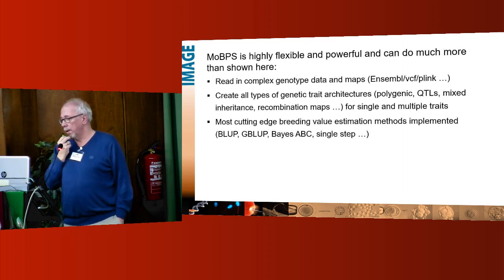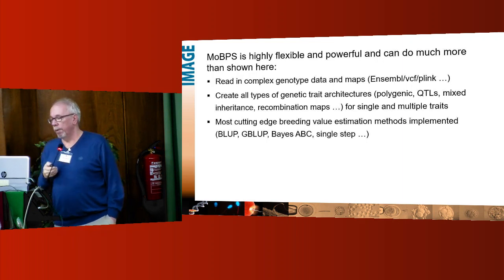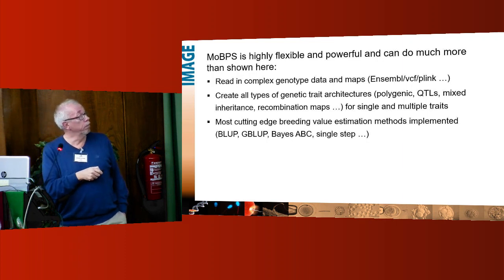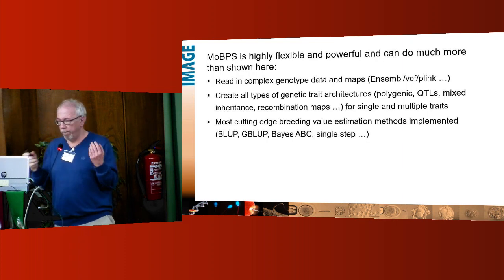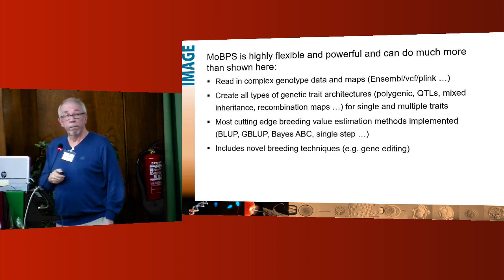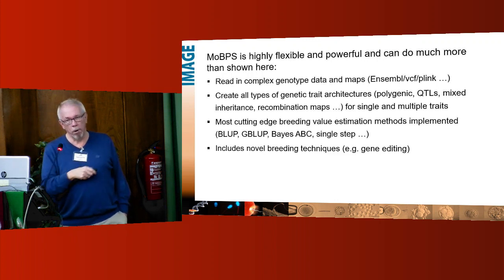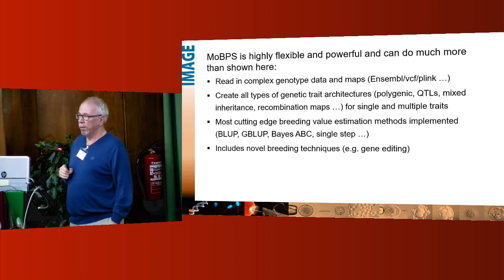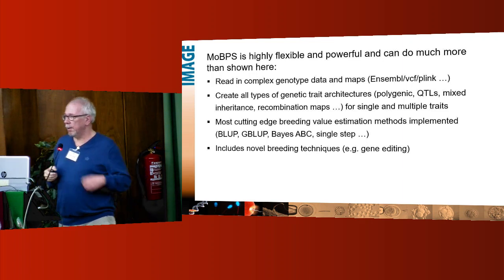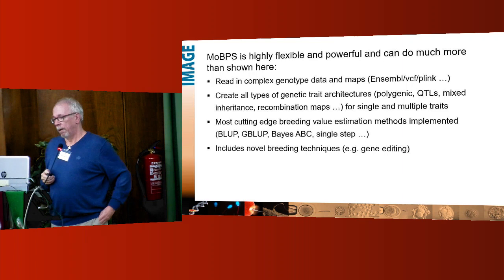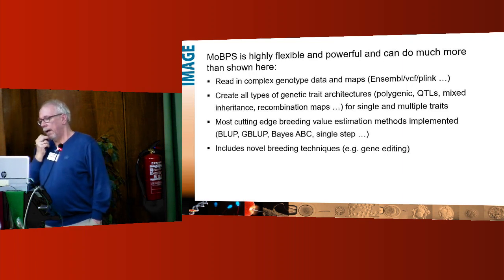We have implemented most cutting-edge breeding value estimation methods like BLUP, GBLUP, all the Bayesian methods, single step, as you like. Of course, things don't get much faster if you use a very complicated breeding value estimation for a large data set, so you should be aware.